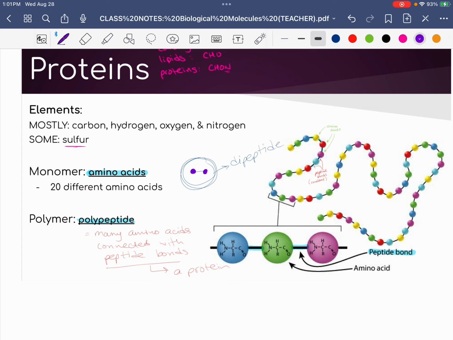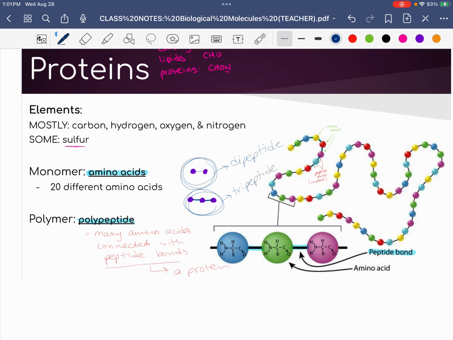And if you put 3 amino acids, 1, 2, 3, held together by peptide bonds, we would call this a tripeptide.